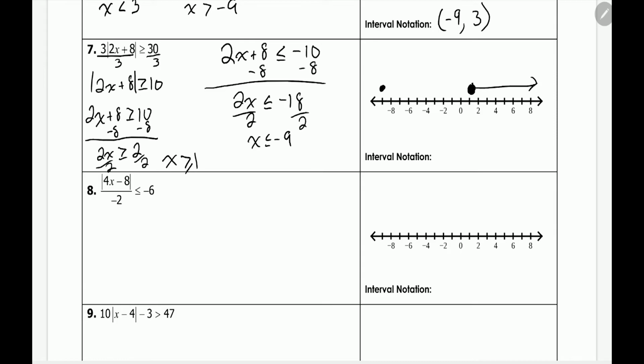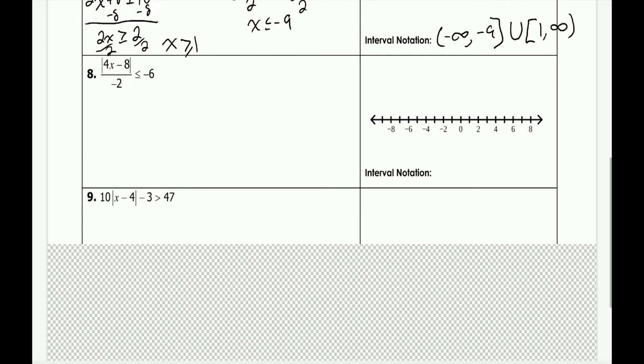We have a closed circle. We're looking for numbers that are less than or equal to. They are to the left. So our interval notation for this one would be parentheses, negative infinity, comma, negative 9. This is a closed circle, so we have a bracket, union, closed circle means bracket, 1, comma, infinity, parentheses. And there we go.